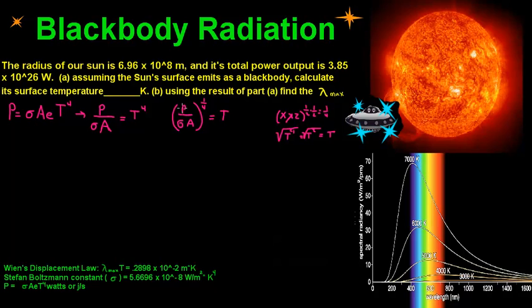Okay, so we've got P. That's just going to be the power output. We've got sigma, which is down here, and now we need to find the surface area. Surface area, you're just going to use the equation for surface area of a sphere, which is 4 times pi times the radius squared.